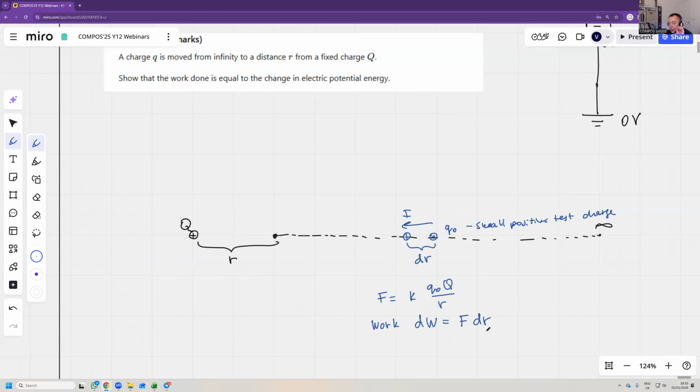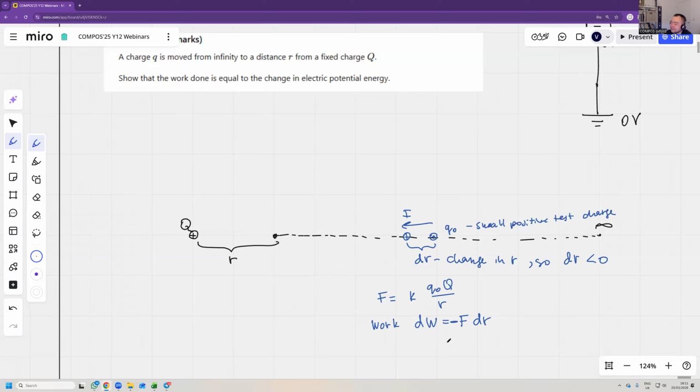Now, there is a catch here, which catches me out all the time. dr is this small distance, but also dr is the change in distance, the change in r. But r is decreasing because you're moving closer to the charge. So dr is negative, and that's why you have to put a negative sign here.